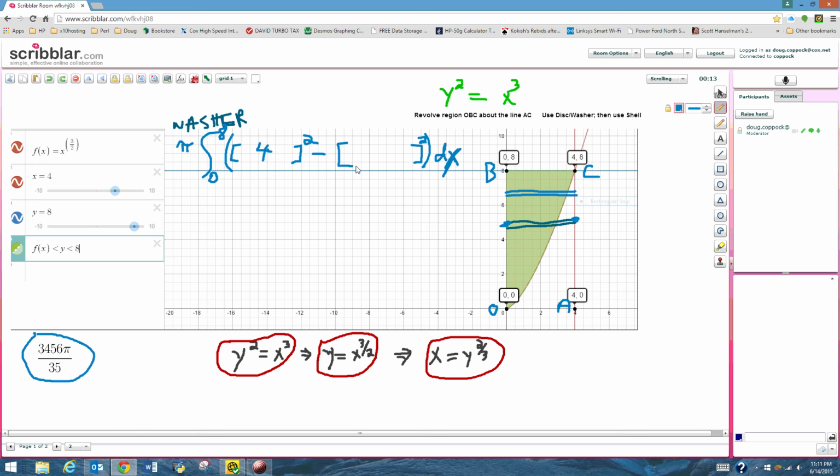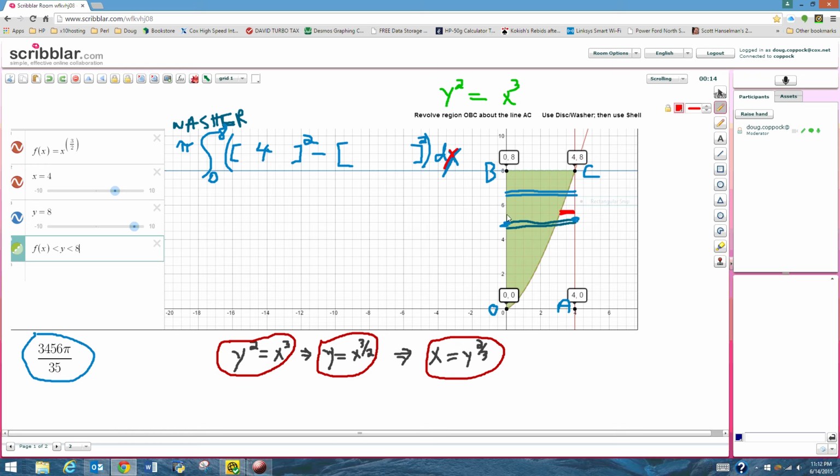Now in this set of parentheses, we need an expression for the inner radius, which is, let me go to a new color here. This is the inner radius right here, that distance. So we need an expression involving y, because we've got a dy here, that represents that distance.